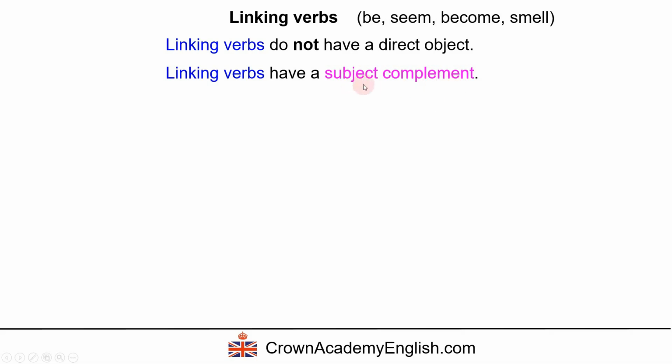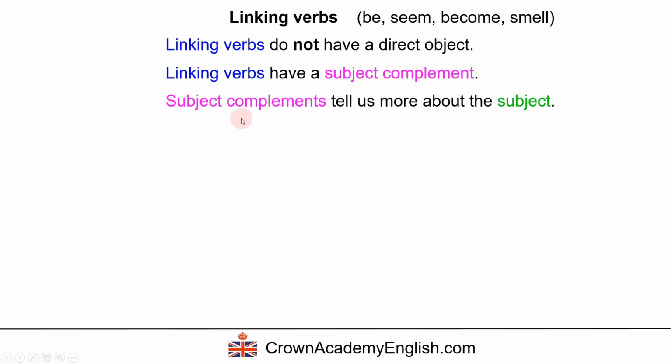A subject complement simply tells us more information about the subject, but it is not a direct object. A subject complement does not directly receive an action. It is simply telling us more about the subject.